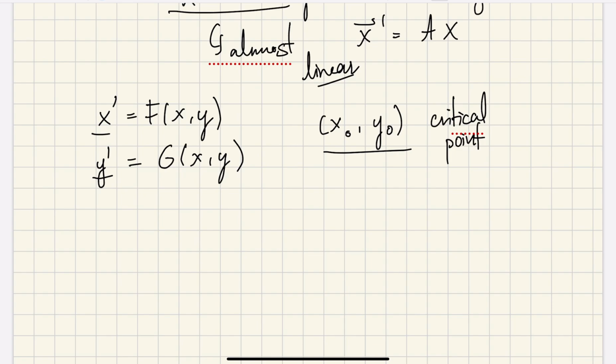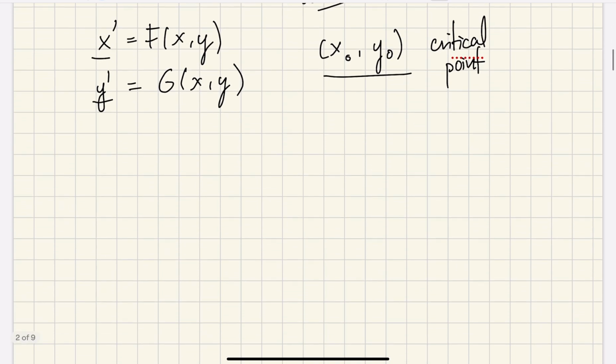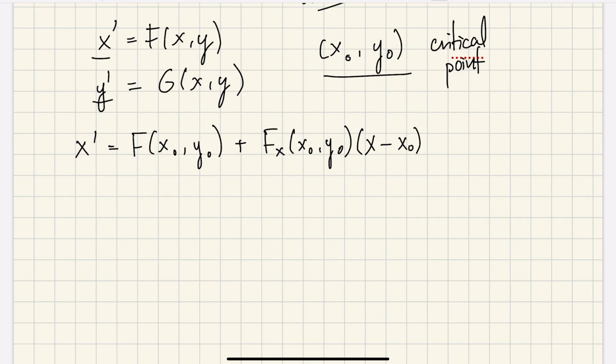Using Taylor expansions about this critical point, we can form a linear approximation using the first 3 terms of the series. What I mean is we can write x prime as f at x0 plus f sub x times (x minus x0) plus f sub y times (y minus y0).